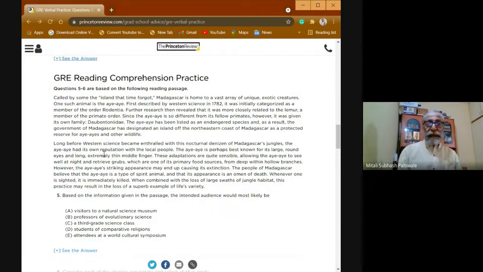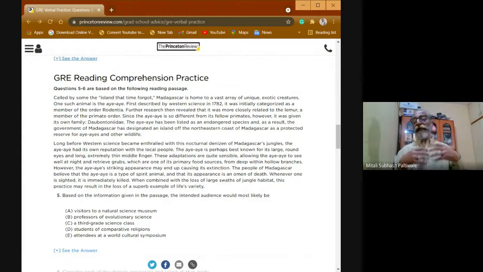In the next paragraph, long before Western science became enthralled with this nocturnal denizen of Madagascar's jungles, the aye-aye had its own reputation with the local people. That means before the Western people went there and made the researchers, right?